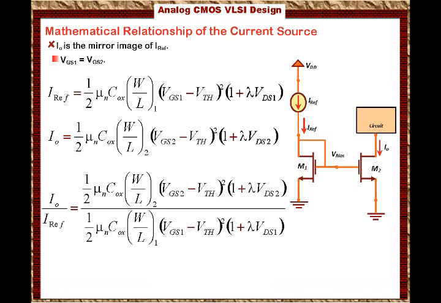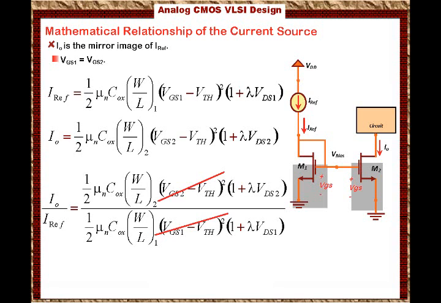Now, what we know is the following. We know that VGS1 equals VGS2, and since this is in the same wafer, which uses the same process, that means the threshold voltage for both transistors is the same. Then we can cancel (VGS2 minus V threshold) squared with (VGS1 minus V threshold) squared.